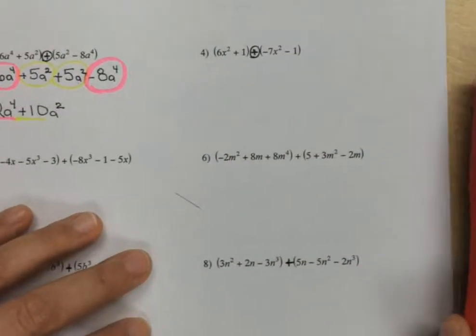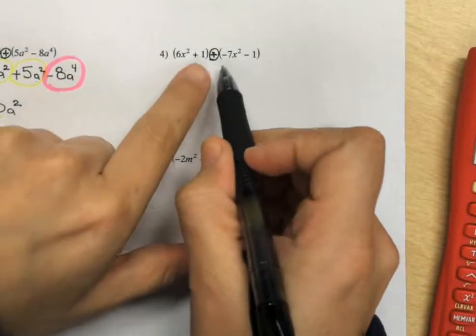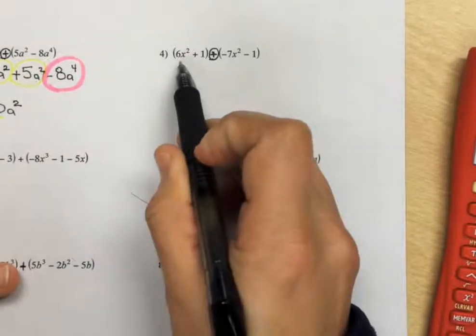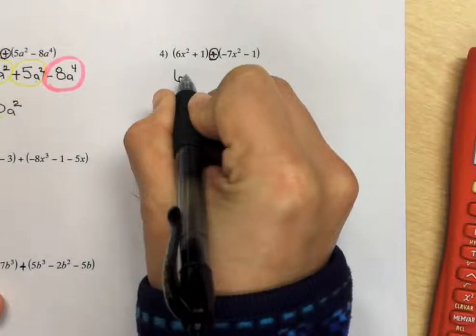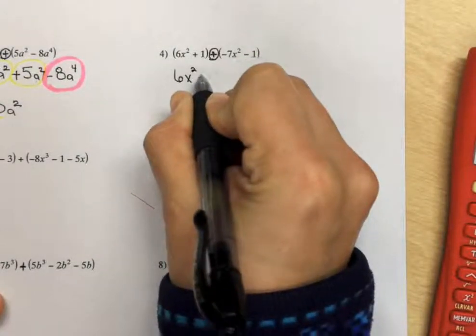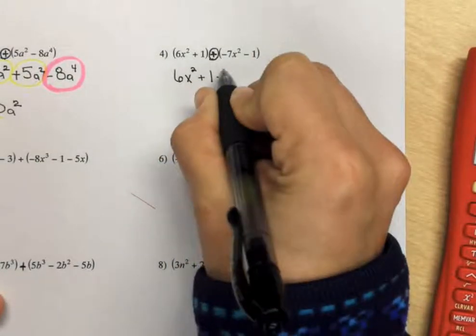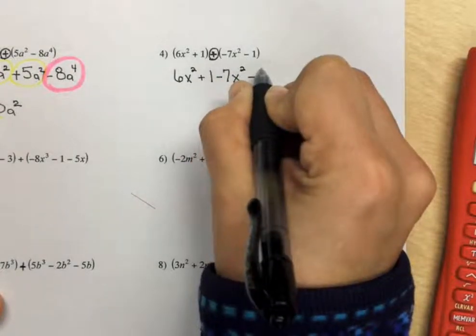Let's take a look at another example. Let's do number 4. I do the same thing. I know it's addition. I've circled my addition sign. I'm going to rewrite what's inside the parentheses without them. 6x squared plus 1 minus 7x squared minus 1.